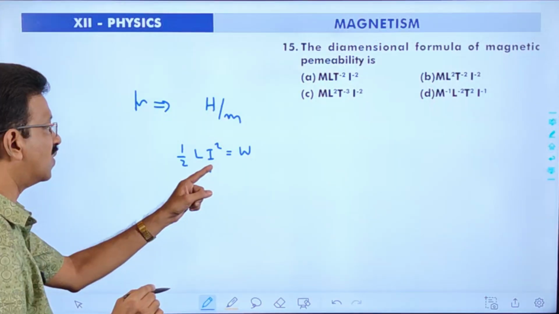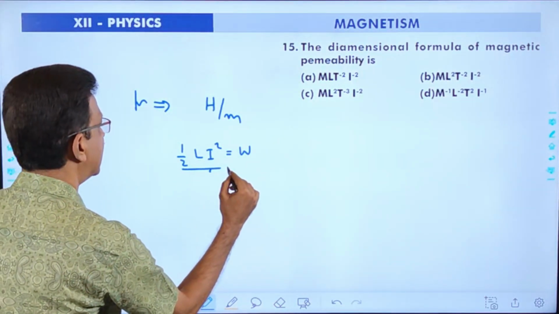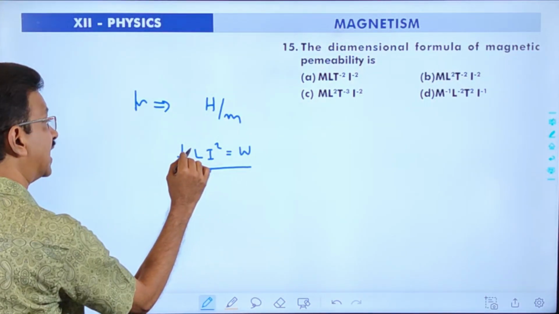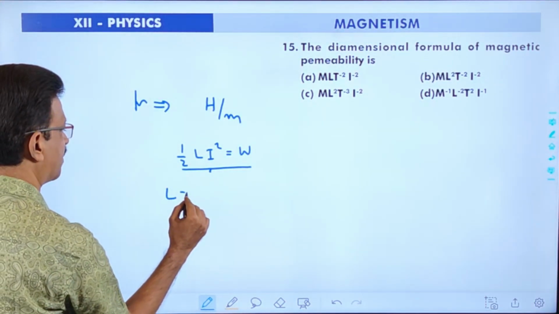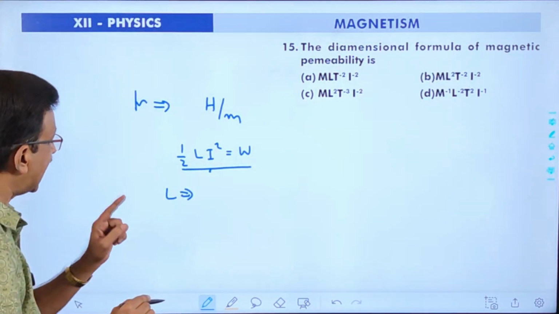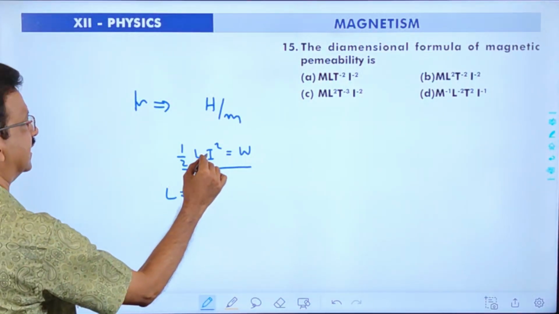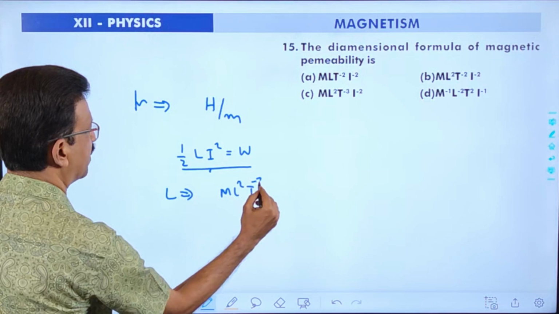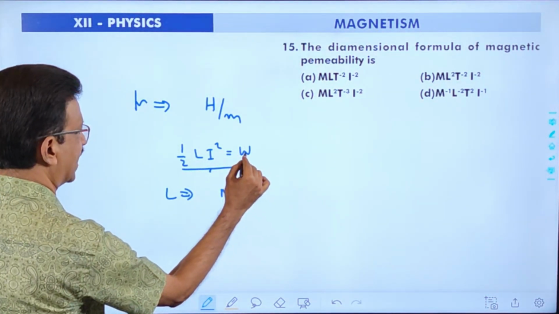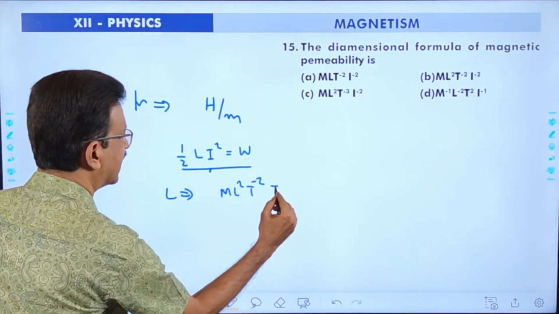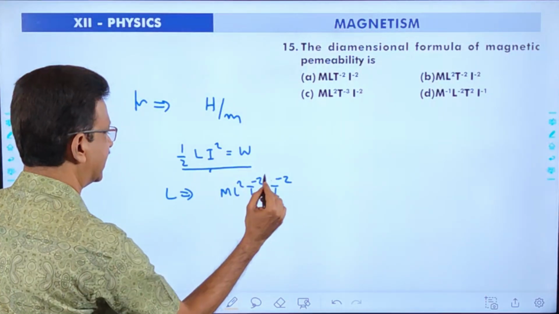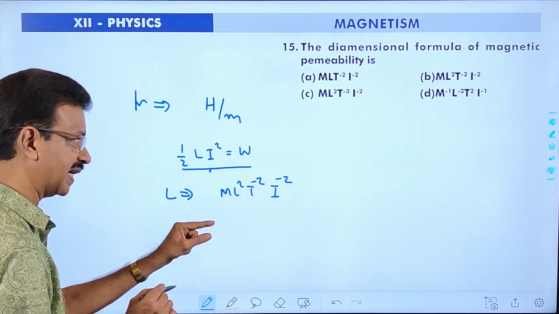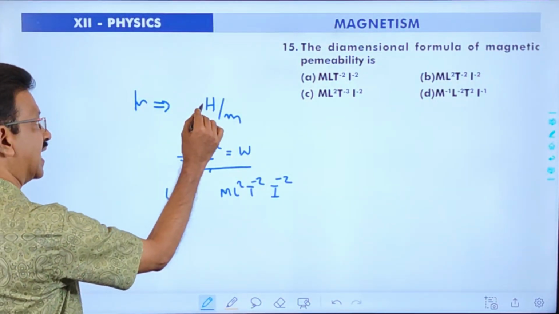This is the equation for the energy stored in an inductor. Therefore, the dimensional formula of inductance can be easily identified by this expression as M L square T raised to minus 2, this is for work or energy, divided by I square, therefore I raised to minus 2. This is the dimensional formula of self-inductance, and it has a unit Henry.